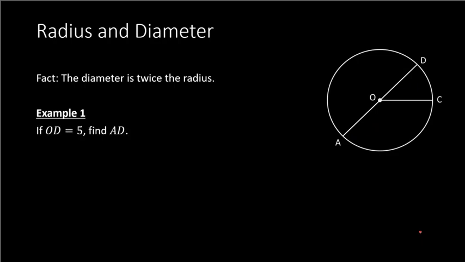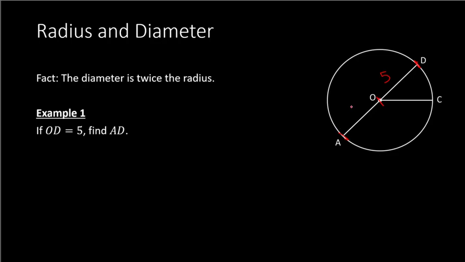So let's try an example here. Let's say we said that the length of OD is 5. It could be 5 inches, 5 feet. The question is to find the length of AD. So see if you can do that. What is the length of AD? Well, from O to D, that's the radius. If that is 5 inches, or 5 whatever, then the length from A to D all the way across is twice that, right?